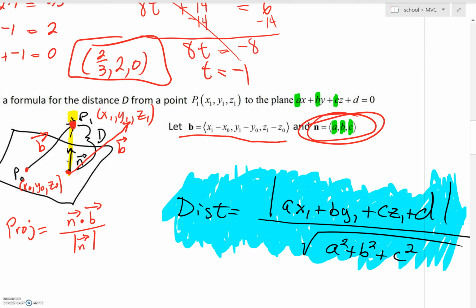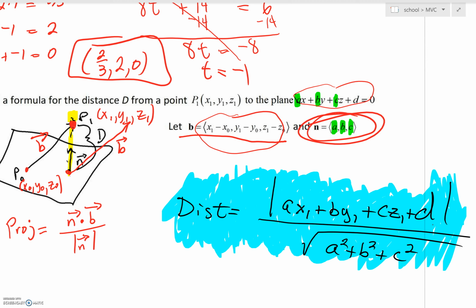Now, as you do your dot product here, that's where you just have to tweak things a little bit with the equation of this plane and in regard to the x minus x naught, y minus y naught, and so forth. Just a little bit of work there. But we put absolute value in that numerator because we need distance to be positive.